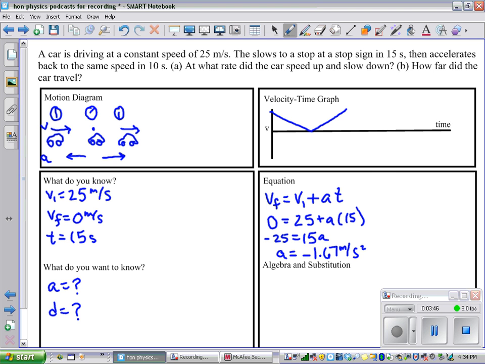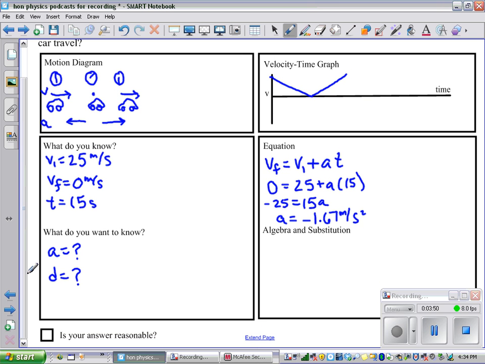We also want to know how far the car went during that time period. We have several different options to do that. So let's use VF squared equals VI squared plus 2AD. VF is 0.